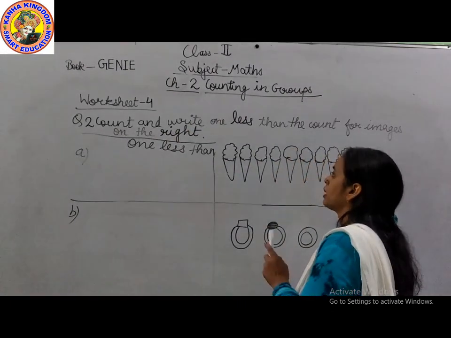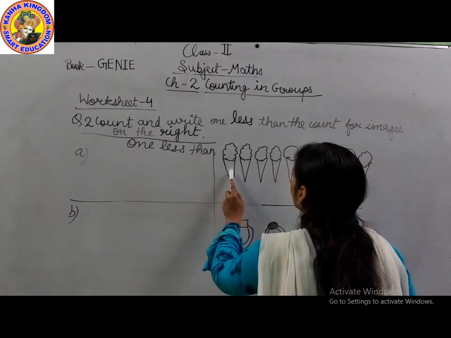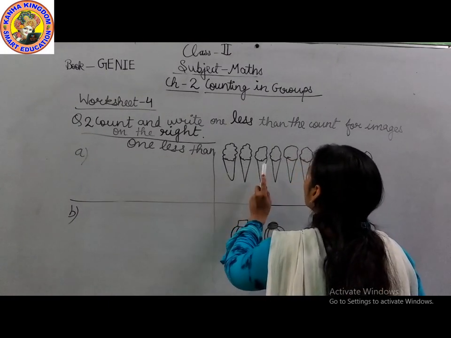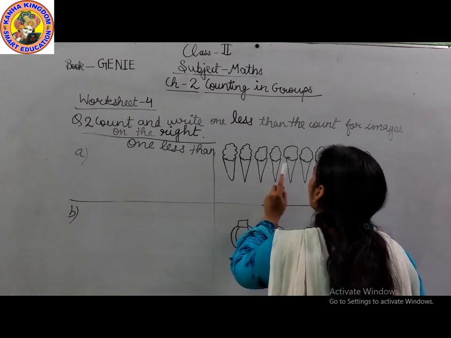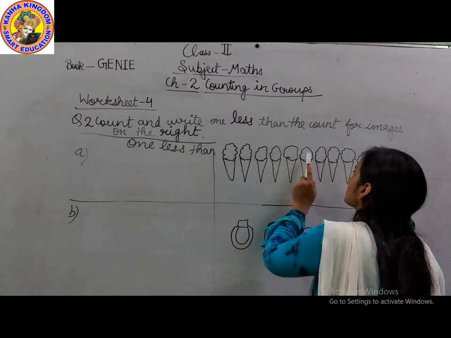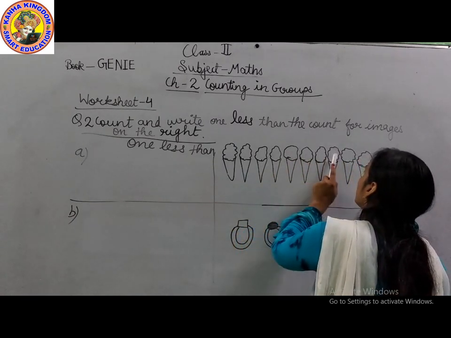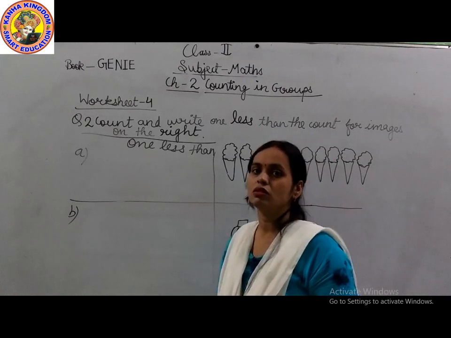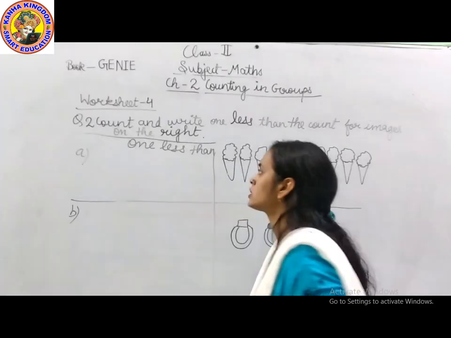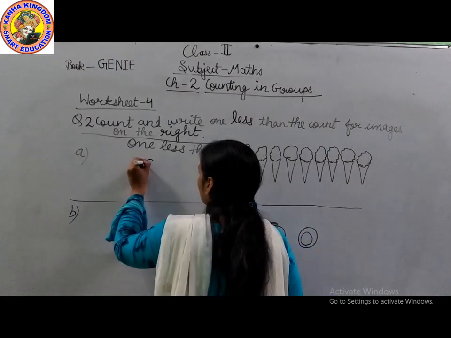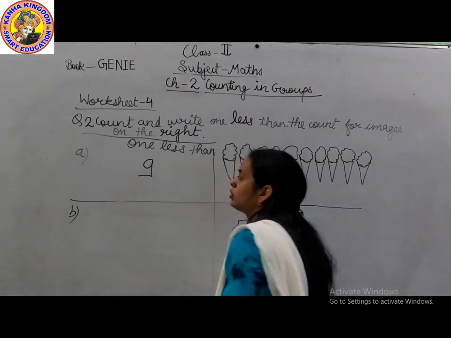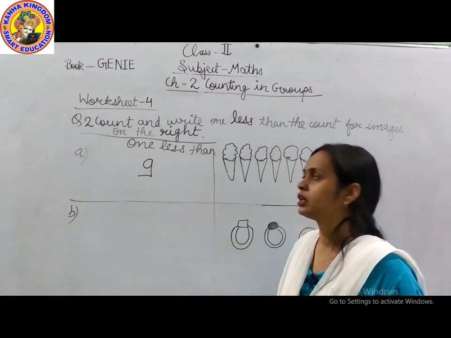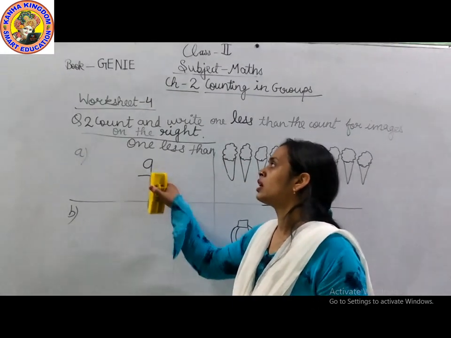First we count the images. 1, 2, 3, 4, 5, 6, 7, 8, 9, 10. So 1 less than 10 is 9, means 10 minus 1, 9.